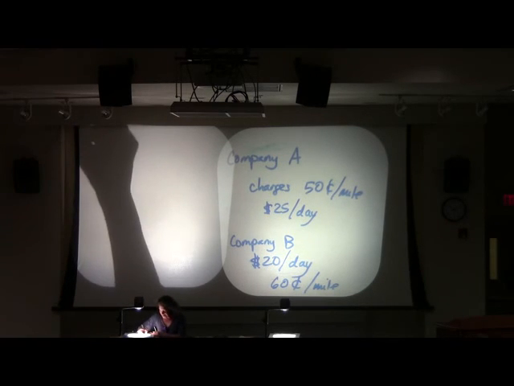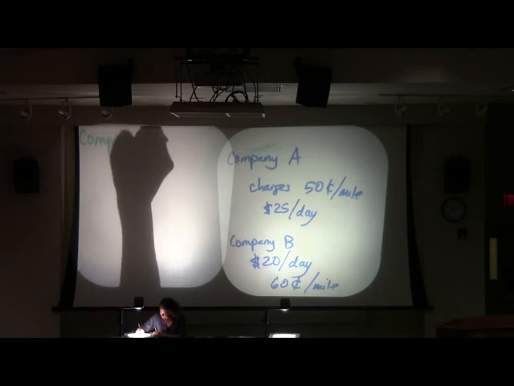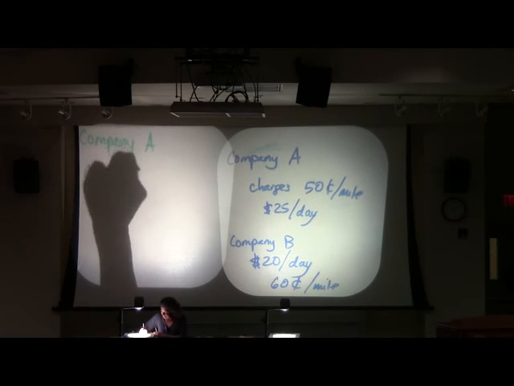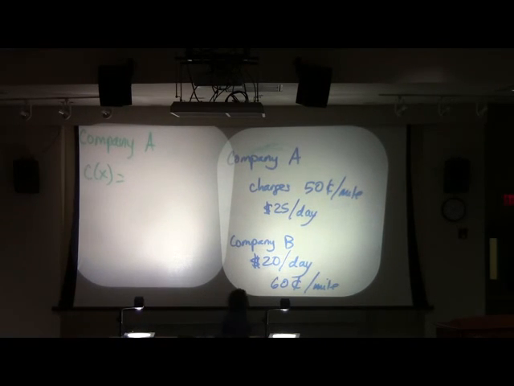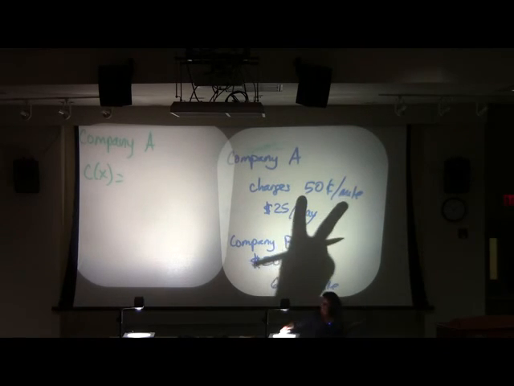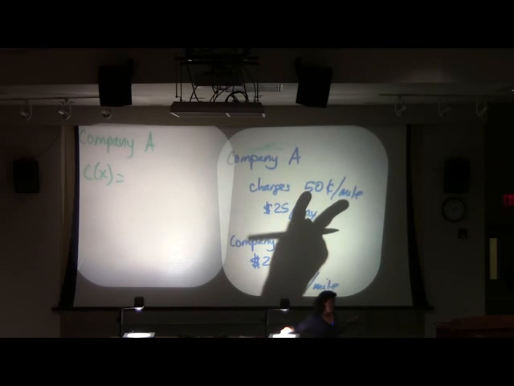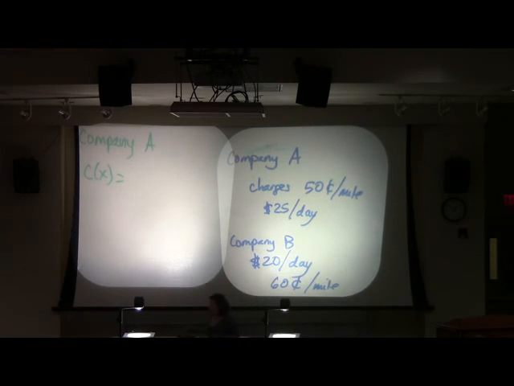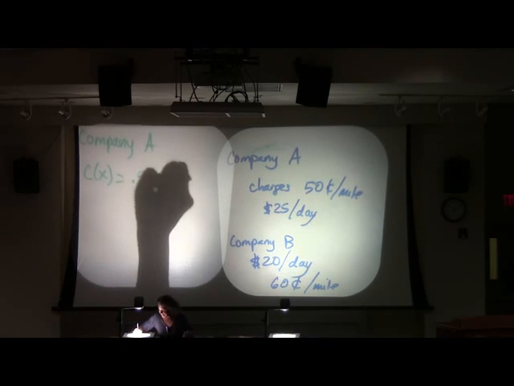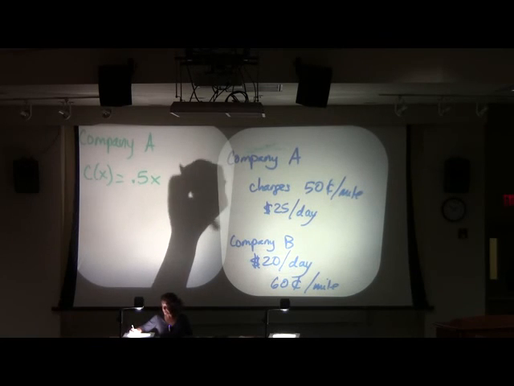Okay, so for company A, I claim we can write this as a linear cost function. Totally we can. Okay? What is my slope here? 50 cents per mile, isn't it? So the way I would write that is 0.5x, because I want to write this all in terms of dollars, plus 25.